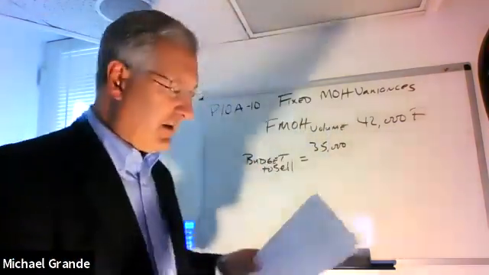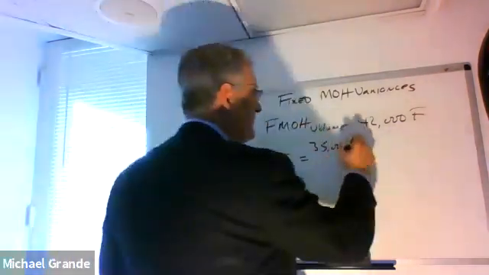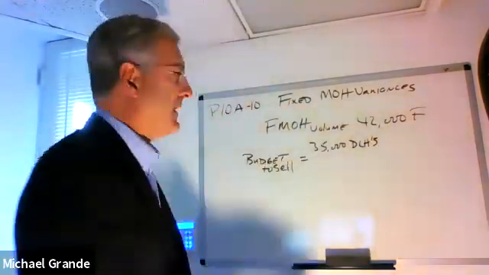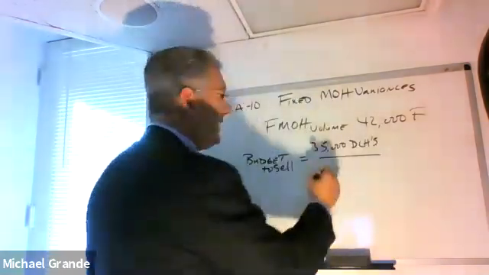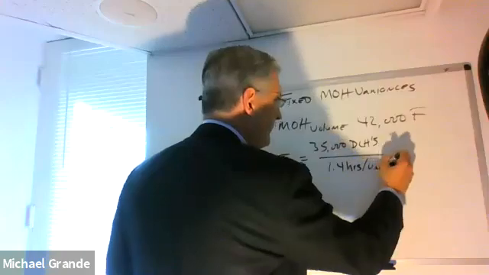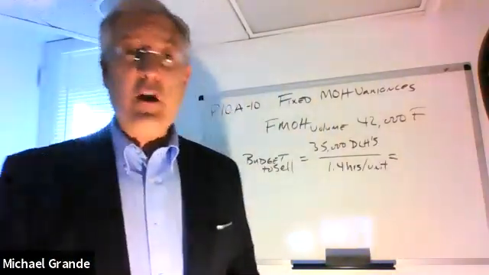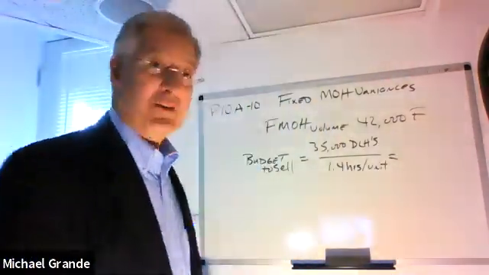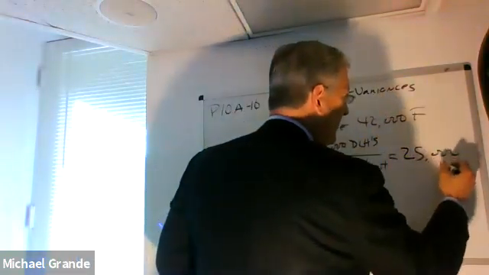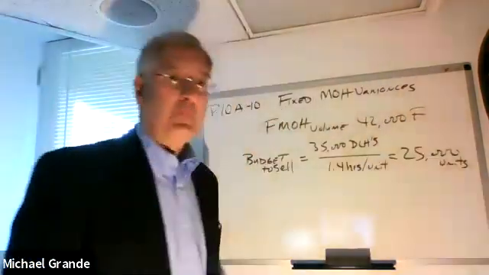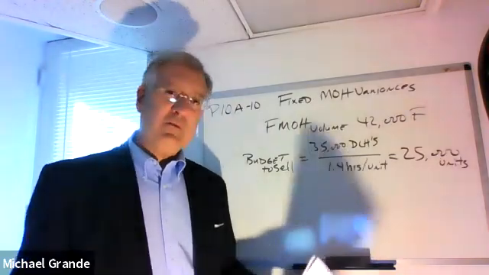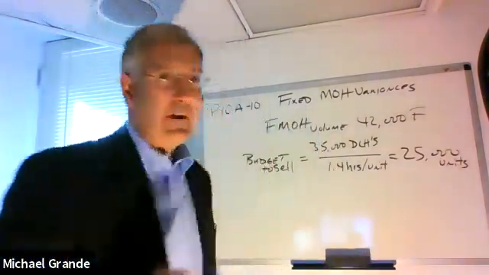they budgeted 35,000 direct labor hours. That was the denominator value. And we know that it takes 1.4 hours per unit. So we can solve the number of units that they budgeted to sell. They budgeted to sell 25,000 units. Because let's face it, they had to come up with the denominator value.